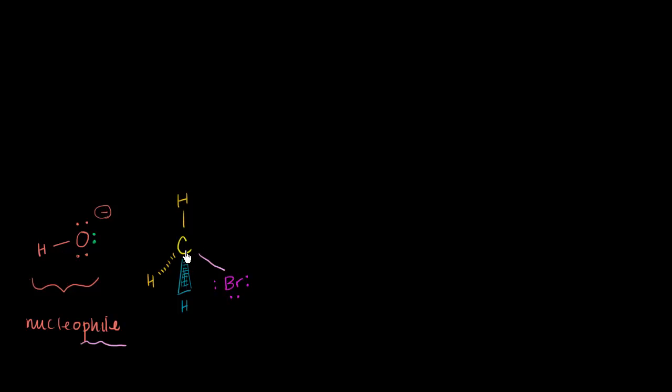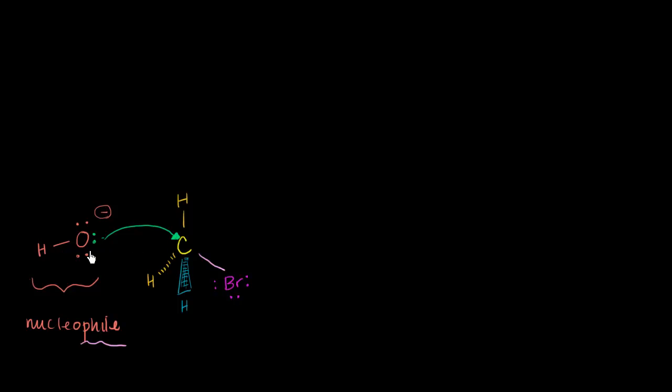So the way that this reaction works, and it's really happening in one step, and this is key to the name of this reaction, as we'll see in a second, is that this nucleophile might say, hey, I've got this extra charge, let me share some of that charge with a nucleus, in this case the carbon.